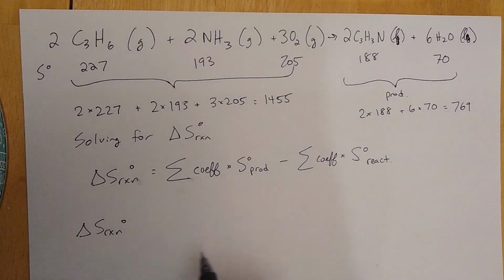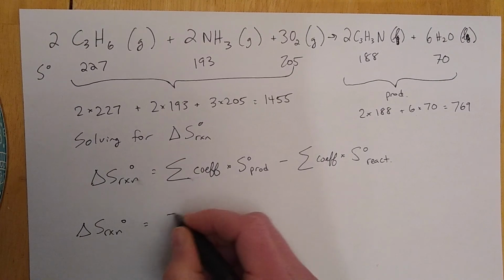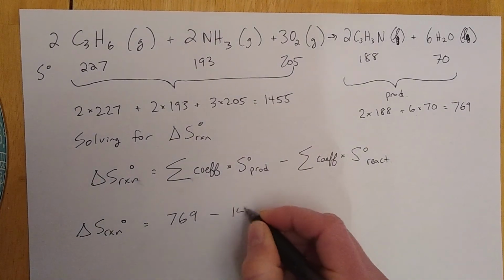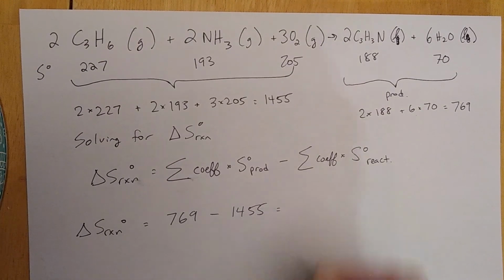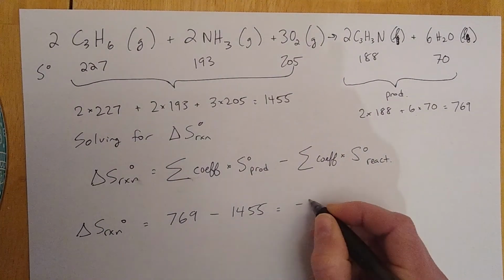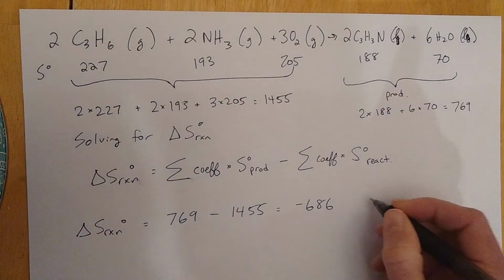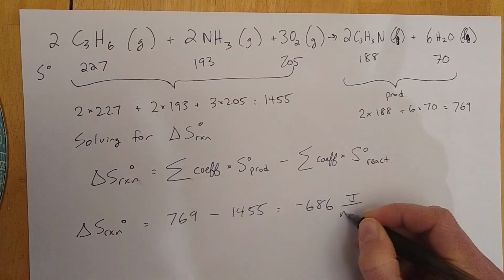So my change in entropy over the reaction is 769 minus 1,455, for a total of negative 686 joules per mole Kelvin.